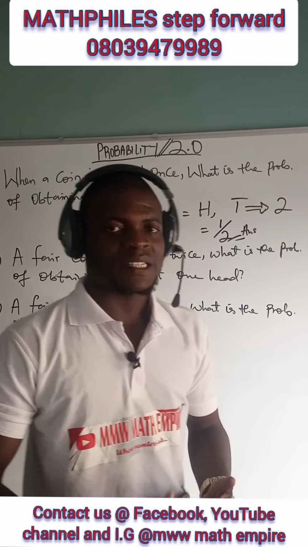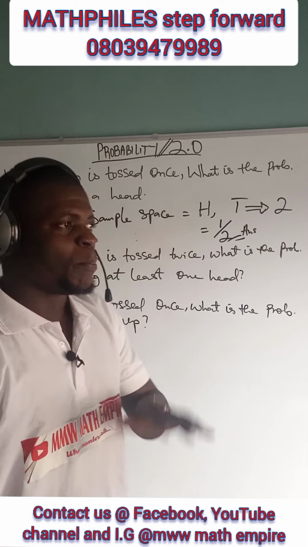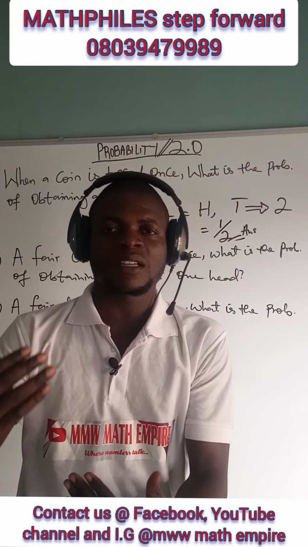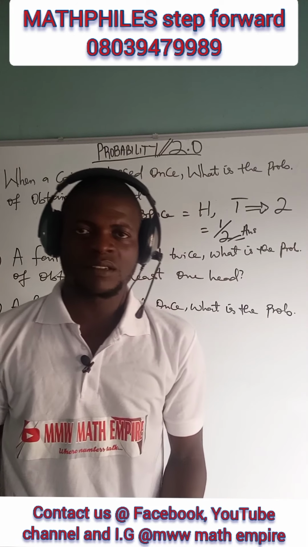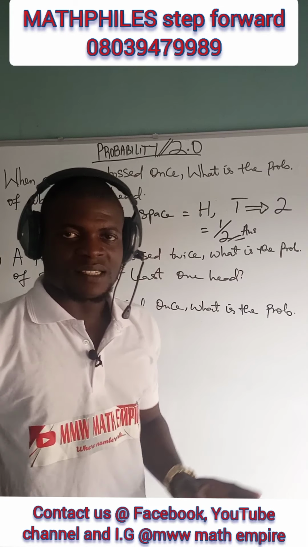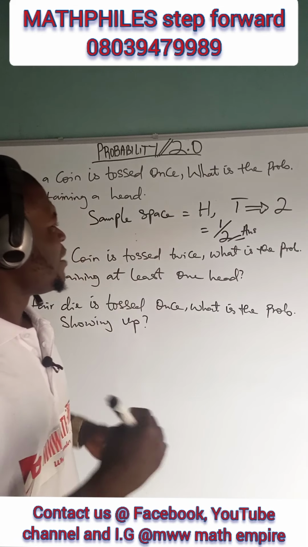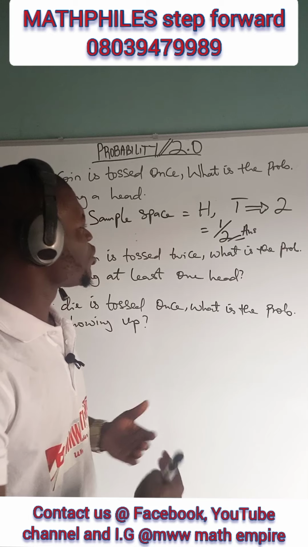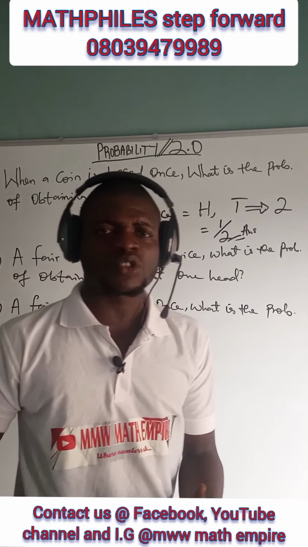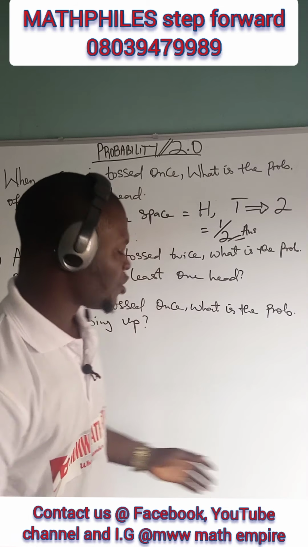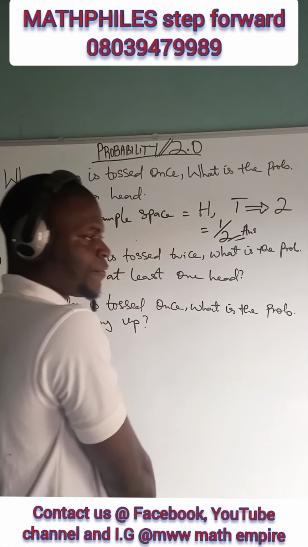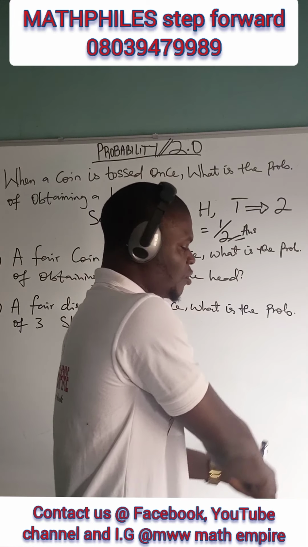When you say that events are equally likely, it means that both of them have the same chances of obtaining. But because they have equal chances doesn't mean that when the coin is tossed, let's say 10 times, you have a tail 5 times and a head 5 times.